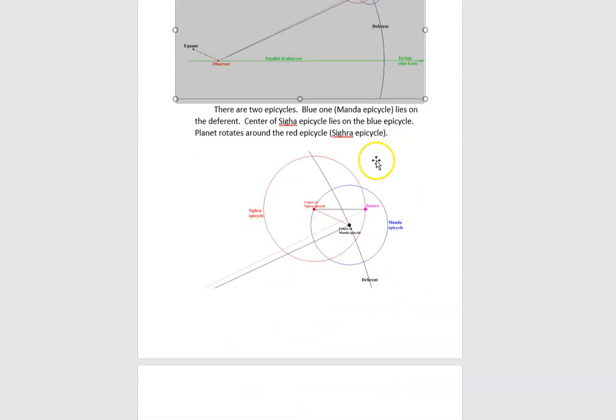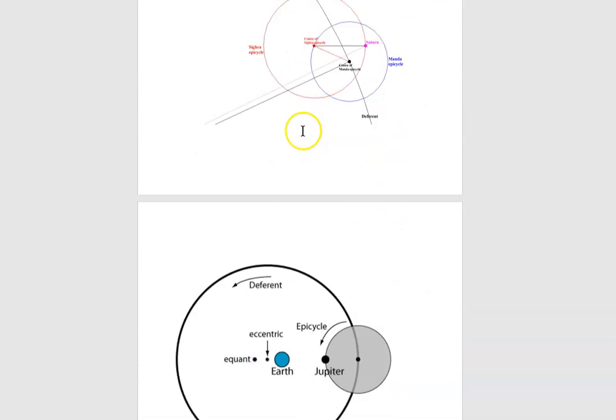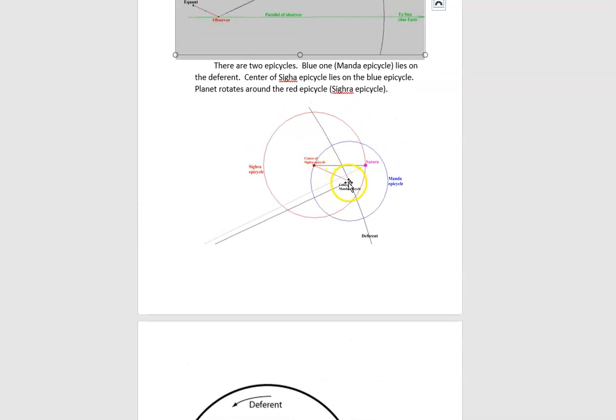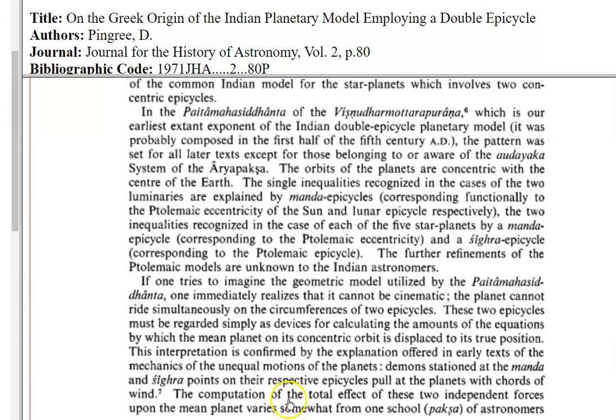So the mechanism here is the planet is moving around a circle which is at the center of the Earth, but it's not moving in a regular pattern. It moves back and forth, and that back and forth movement is calculated using two epicycles, double epicycles. So this model is compatible with Aristotelian logic. Okay, so that's what Pingree is saying here.